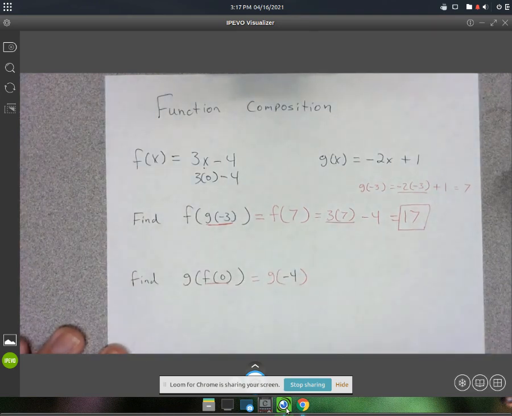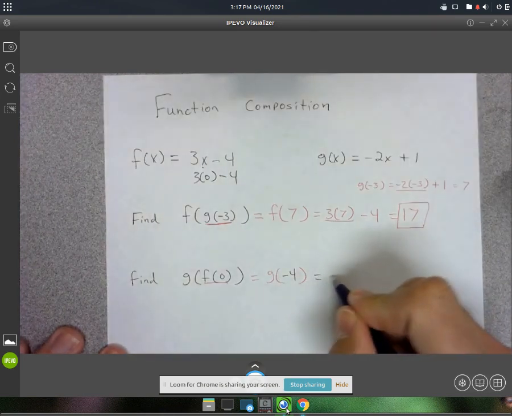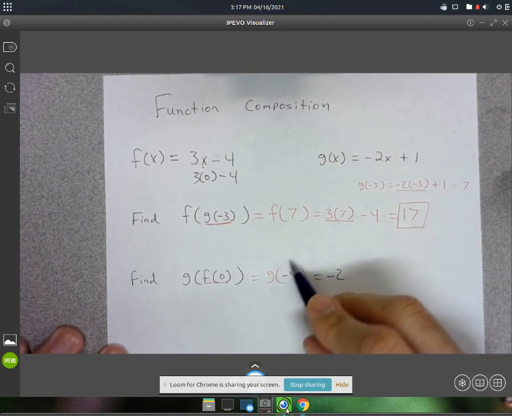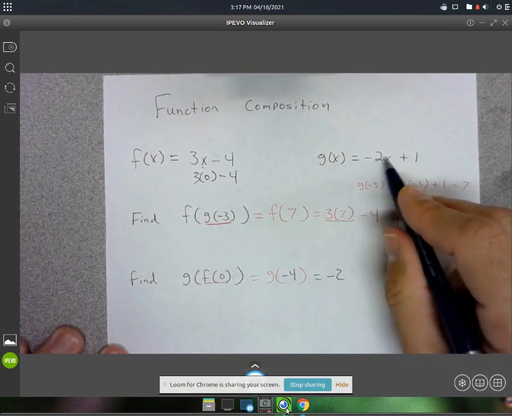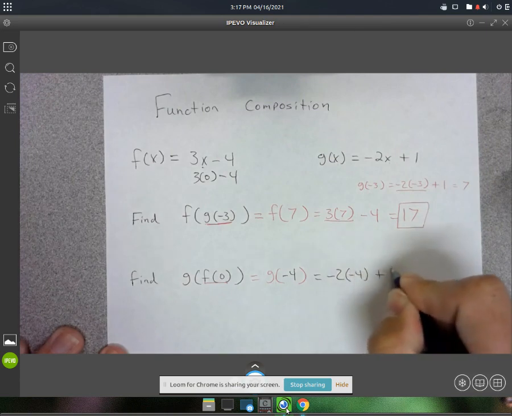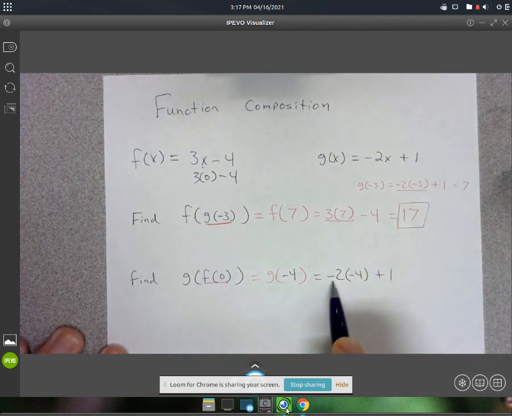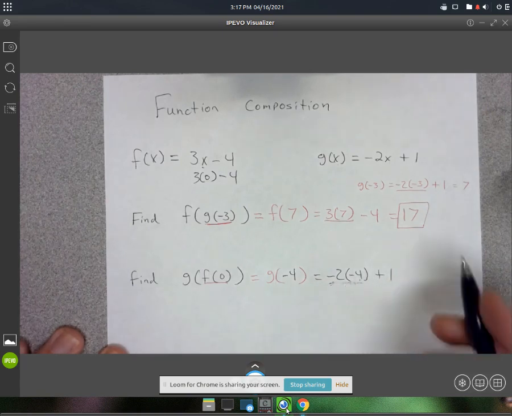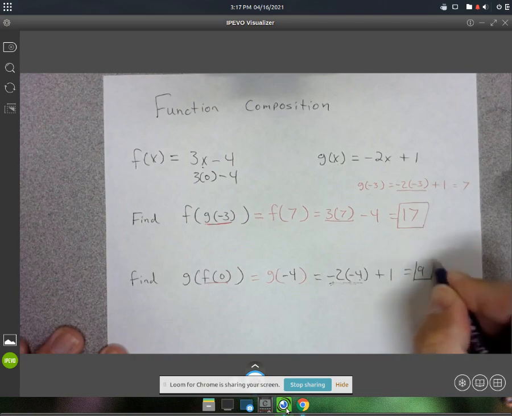But now you've got to do g of -4. So you go up to your g function right here, and plug in -4 for x. -2 times -4, that's positive 8. And then positive 8 plus 1 is equal to 9.